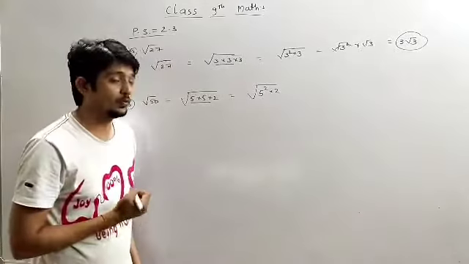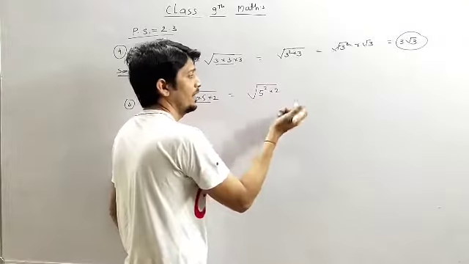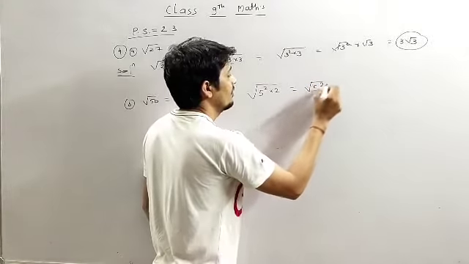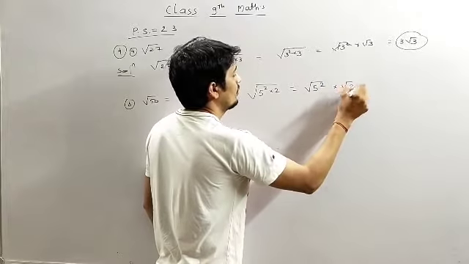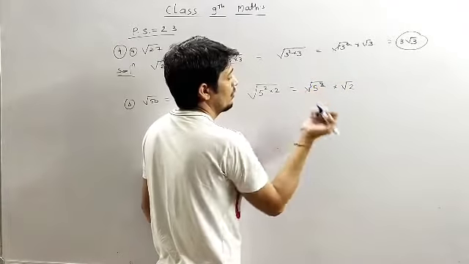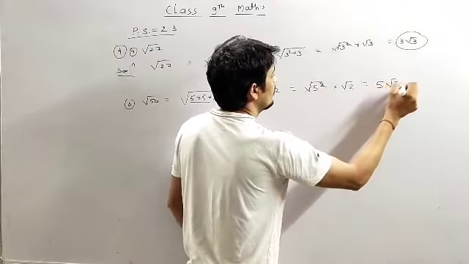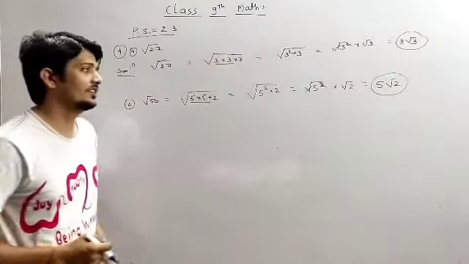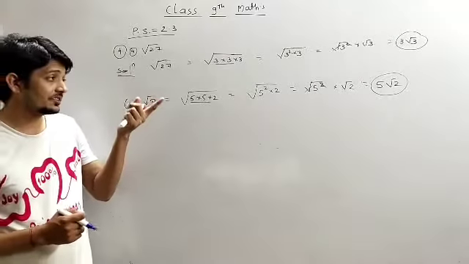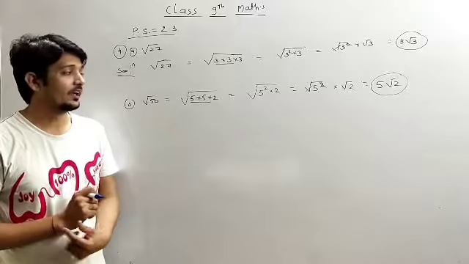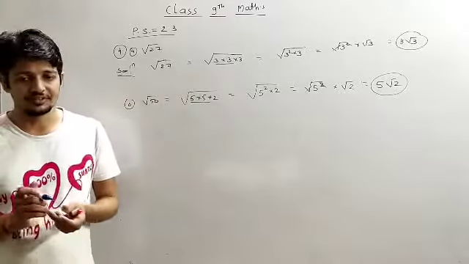Now we write both separately, root of square of 5 into root 2. Again square and root will get cancelled. So the answer will be 5 root 2. This is the simplest form of root 50. Okay. So write down the answer.